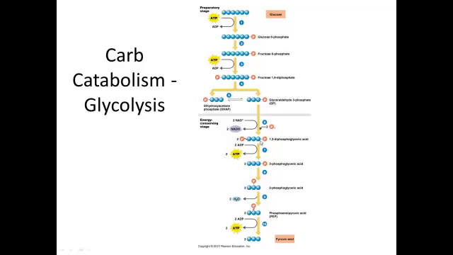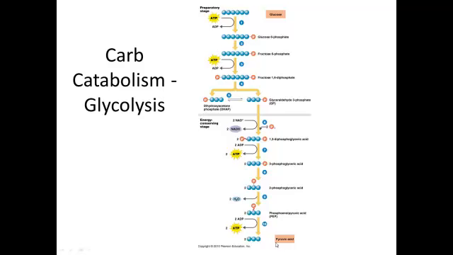Now because there's 2 of these, we make 2 ATPs. We've just broken even. We've used up 2 ATPs, now we've made 2 ATPs. We do some other funky stuff, and we take the last phosphate group, put it onto an ADP, make another ATP. Because there's 2 of these, we make 2 ATPs. So we've generated 2 ATPs net.